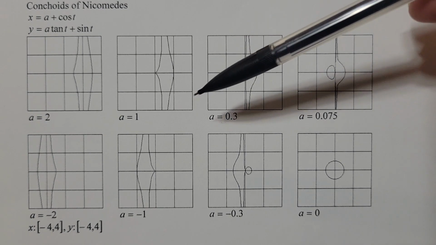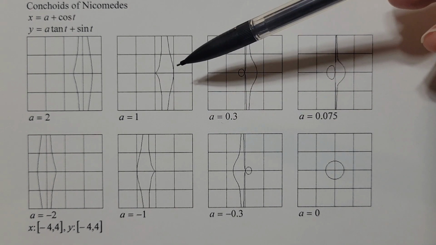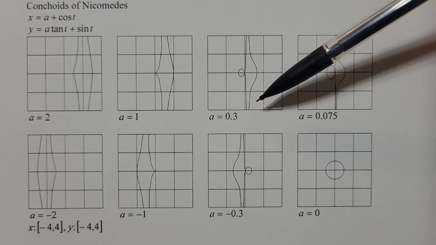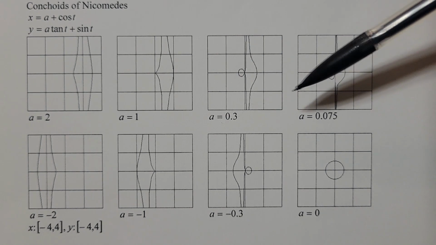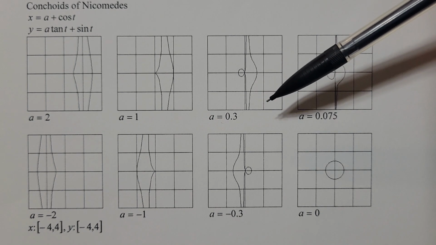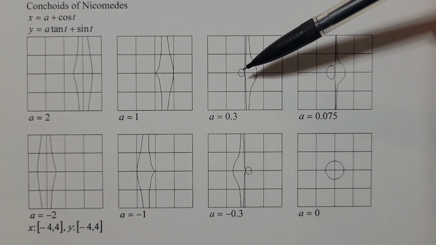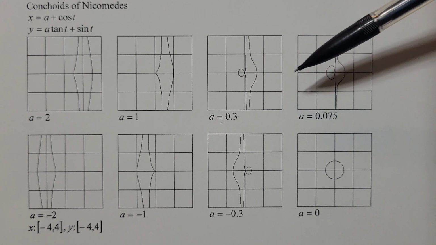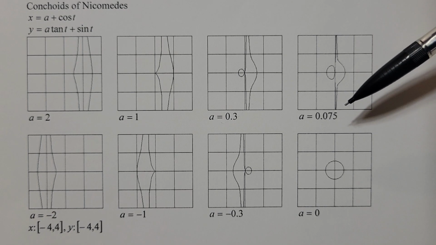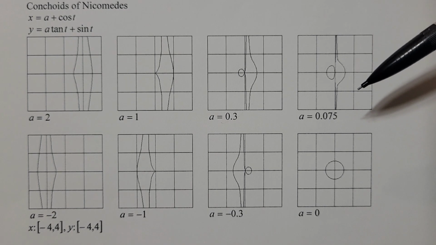And when A is 1, the left branch would have a sharp turn, and here's when A is getting smaller, closer to 0. So if A is between 0 and 1, I'm creating a little loop on the left branch, and that loop is going to be bigger as I get closer and closer to 0.